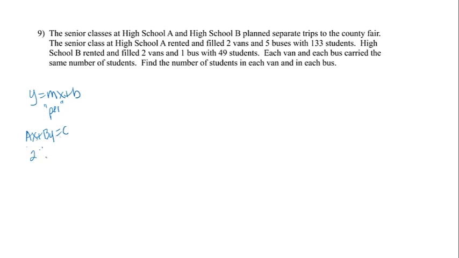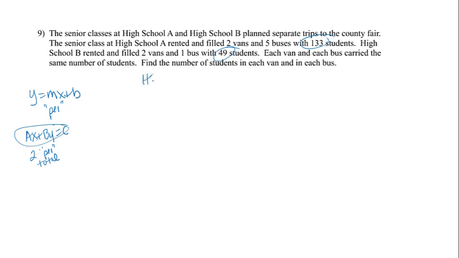So there's 2 kinds of per items, and they give you a total amount. So we're reading here, senior class rented 2 vans, 5 buses with 133. High school B rented 2 vans, 1 bus with 49 students. To me, I see that as a total. The total here with 133 students and 49 students, that tells me I'm going to write it like this.